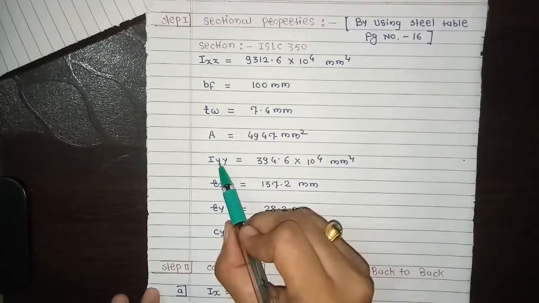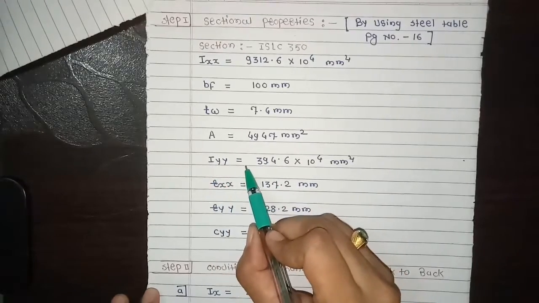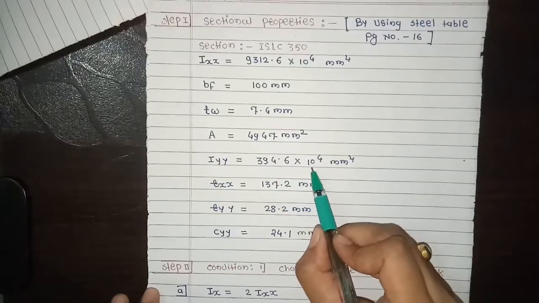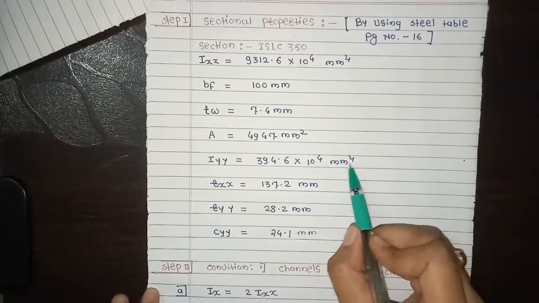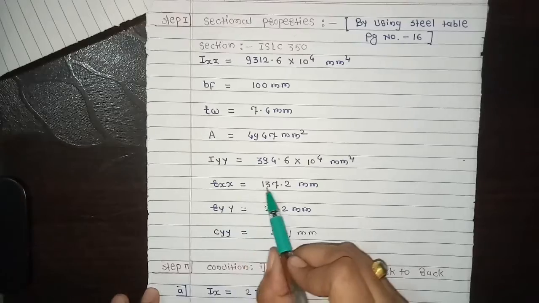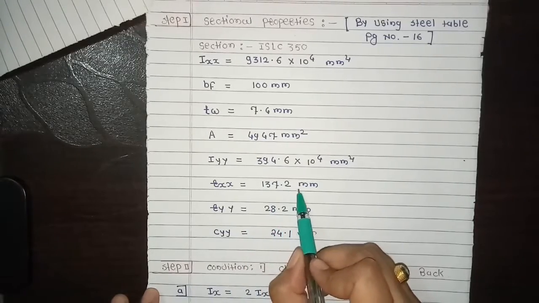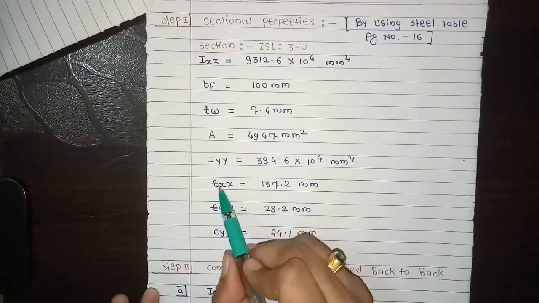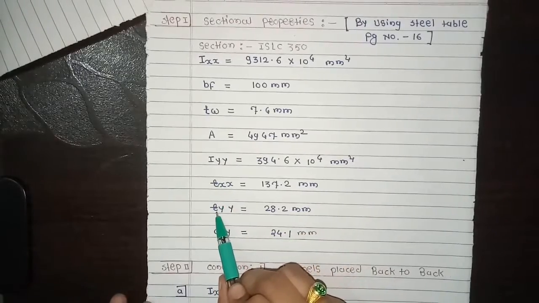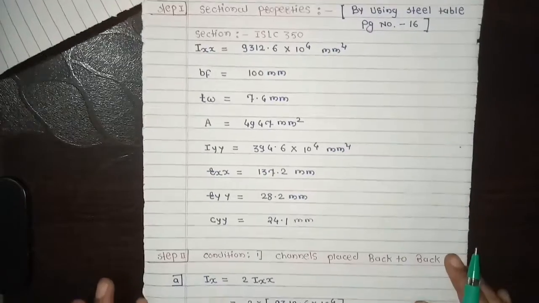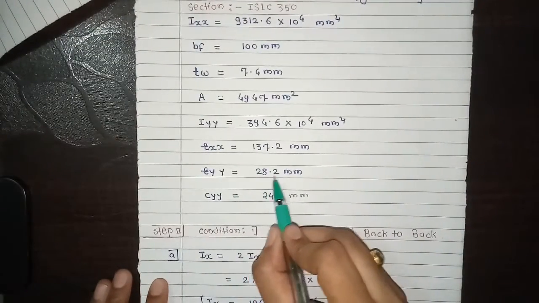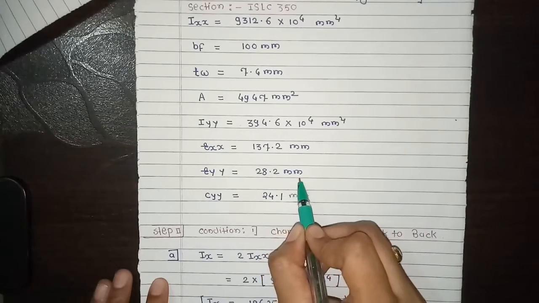Iyy, moment of inertia about y-axis, is equal to 394.6 into 10 to the power 4 mm raised to 4. Rxx is equal to 137.2 mm, the radius of gyration about x-axis, and the radius of gyration about y-axis is equal to 28.2 mm.